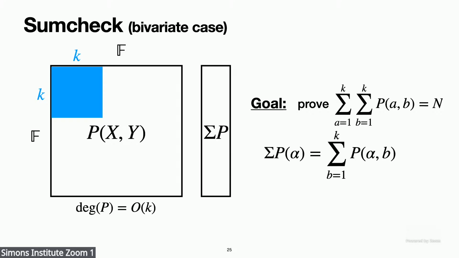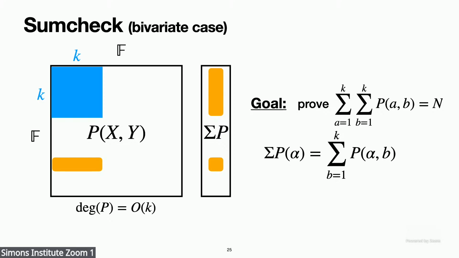Here is how we do it in the standard sum check. You write down this proof, which I'm going to call sigma P, which is just the sum over each row: you look at the first K columns, you sum over each row, and you write down the sum in sigma P. Then when you want to check, you check that the first K rows of sigma P actually sum to n, and then you do some random consistency check to make sure that sigma P is actually what it's supposed to be.